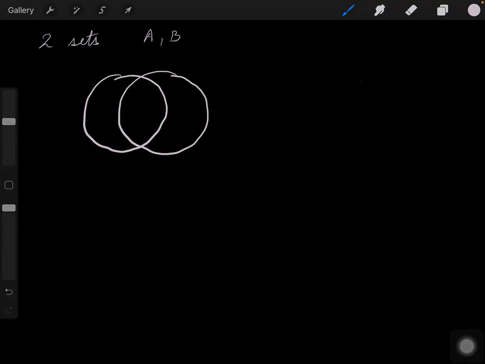Extend this logic to three sets, A, B, and C. Then we need to just add one more circle, which is going to intersect the previous two circles. So that comes across as this.